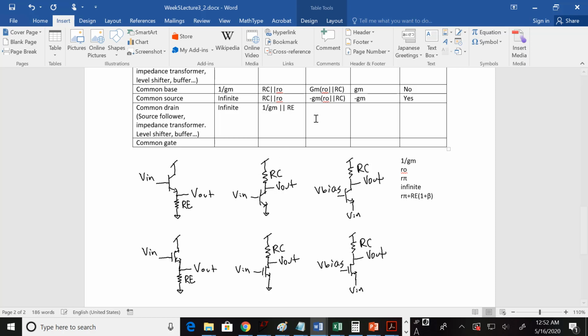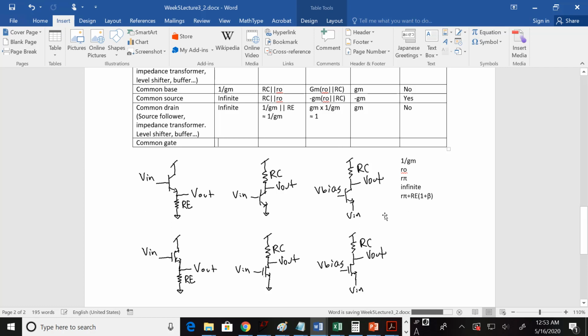But again, because 1 over GM is usually much smaller than anything else, you can usually approximate that as 1 over GM. It's not inverting, so its GM is just GM of your transistor. And then your gain is your big GM times your R out, which gives you approximately 1.